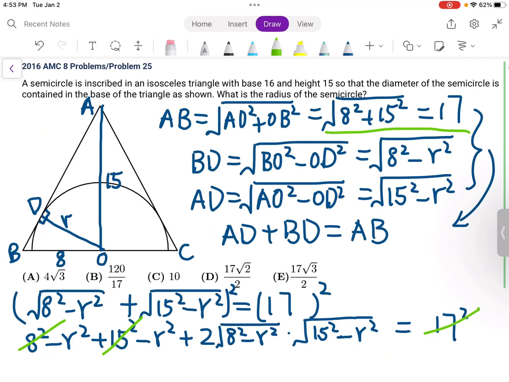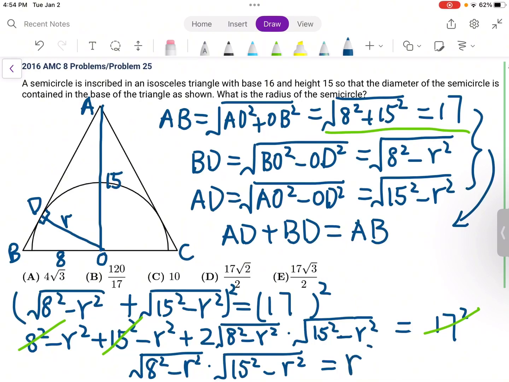Now that becomes the square root of 8 square subtract R square multiplied by the square root of 15 square subtract R square equals R square.